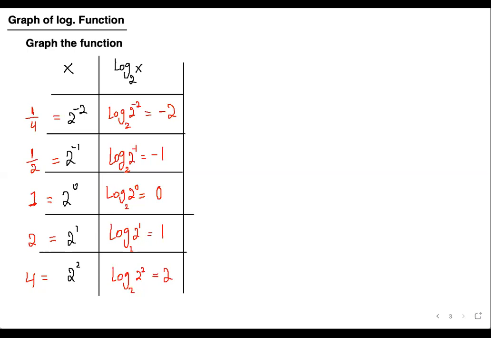Correct. Now let's start graphing the function. Look at what numbers we choose, because we don't have to use the calculator during the exam. We choose these values to help me find the logarithm. So now let's graph the function.